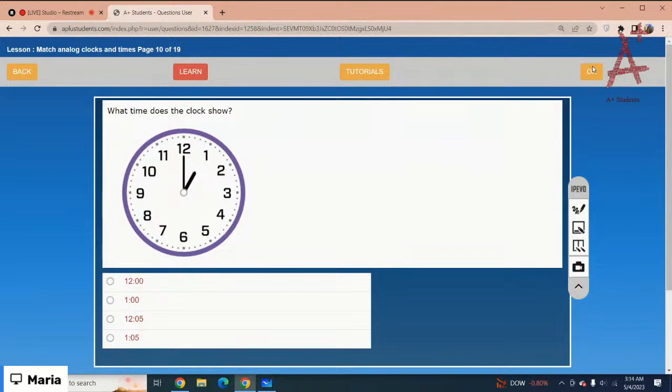Okay, what time does the clock show? Yes, it is 1. The correct option is 1.